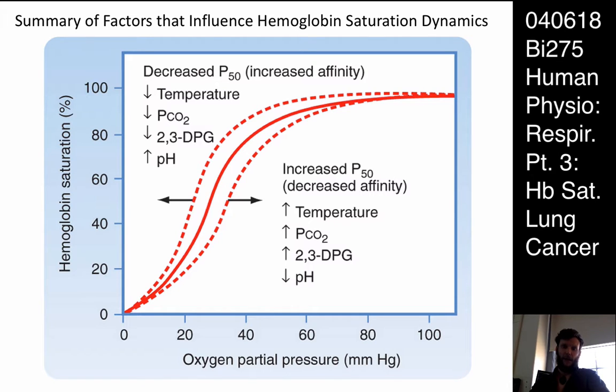And then conversely, an increased partial pressure of 50% saturation or a decreased affinity is correlated with increase in temperature. That should make sense. As the body temperature goes up, you want to deliver more oxygen to the tissue. An increase in carbon dioxide partial pressure, again, a signal of respiration in the cells.